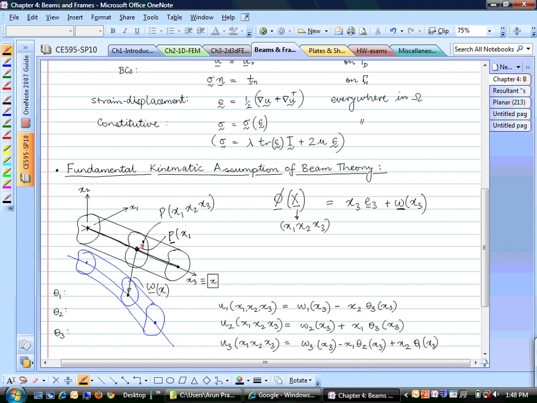This is just x1, x2, and it is defined as x1 times E1 plus x2 times E2. So the location of this point P is given by these three coordinates. This vector small p is going from the centroid of that cross section to the point in the cross section.